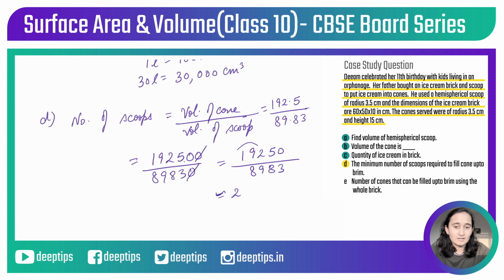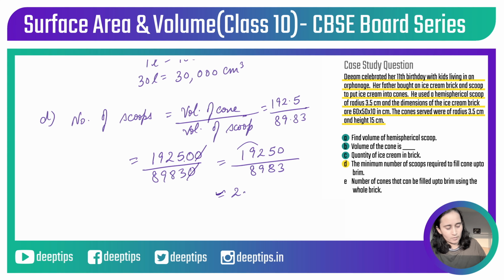No need to calculate the further decimal part. But of course, if answers are given in decimals, then you have to do the long division and cross this hard thing, right? But for now I have told you how to approximate the answer and reach the final option. Okay, but if you calculate it further you will get 2.14 something.